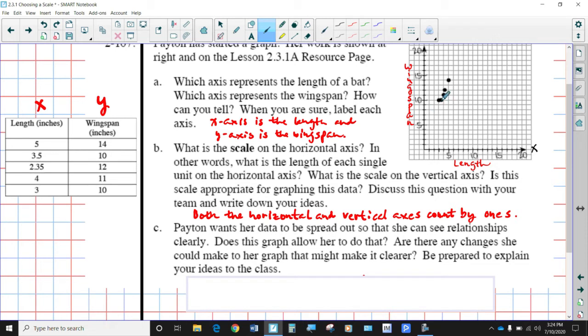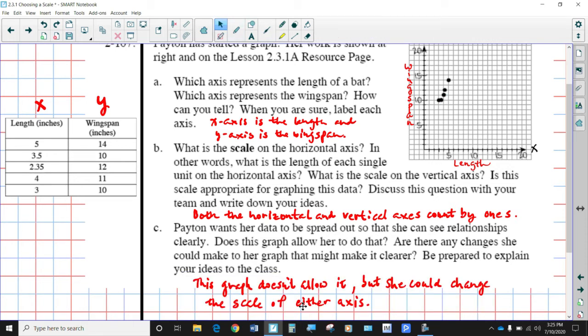Doesn't it seem like if we could spread these out a little bit, it would be easier to draw some conclusions, especially right in there where 2 of these bats' points are so close together, it's hard to tell them apart. So by changing the scaling of the x-axis, or of either axis really, you could stretch it out in this direction as well. Maybe you can get it so that it's a little bit clearer.